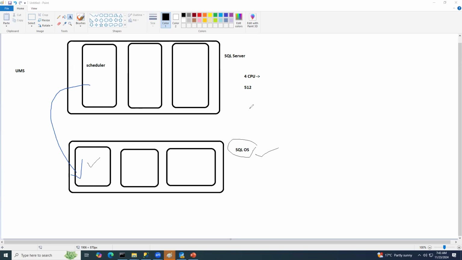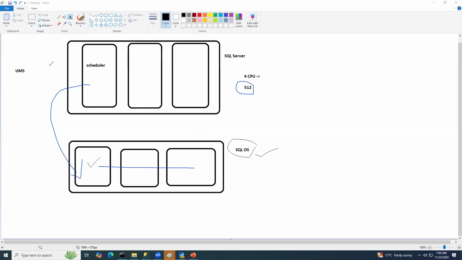Now what will happen? All 512 threads will be spawned, in the sense that they will be queued in the Windows operating system, and each thread will be executing on the CPU. What is the drawback if every thread executes on the CPU?